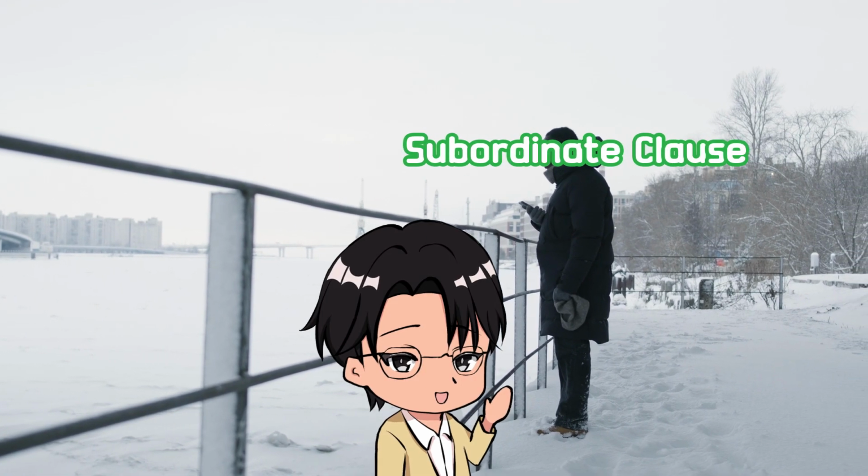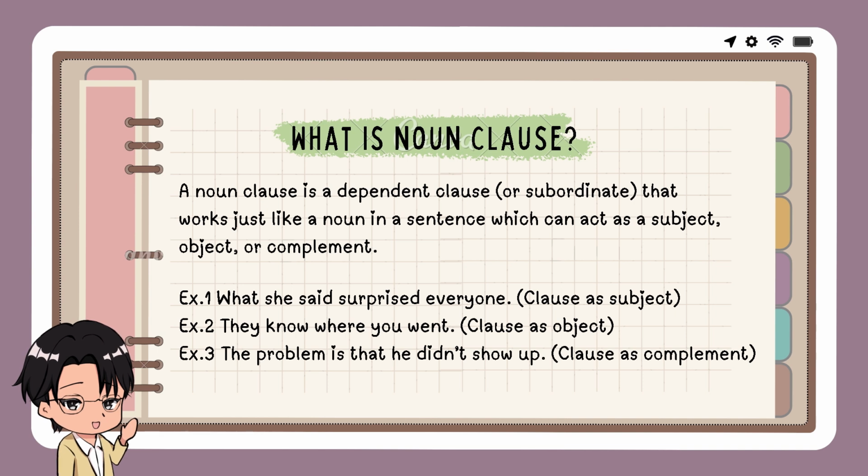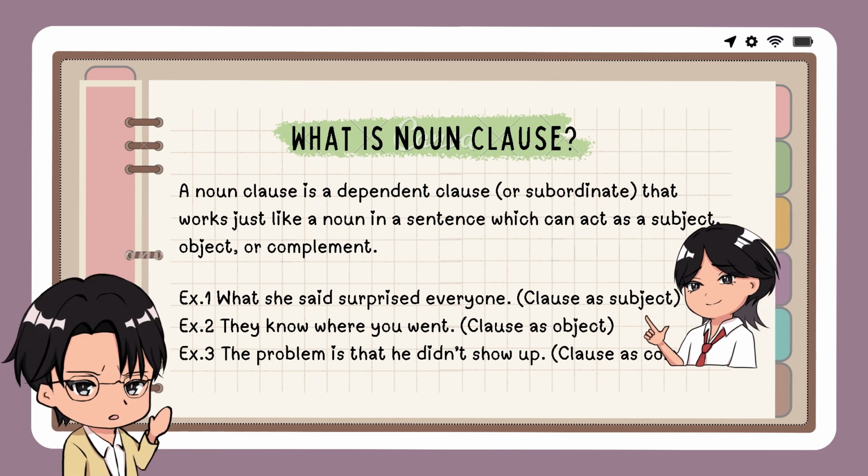Alright, let's get back to our class. For example number 1. What she said surprised everyone is the clause as subject because what she said is in the subject position in the sentence. Example number 2.